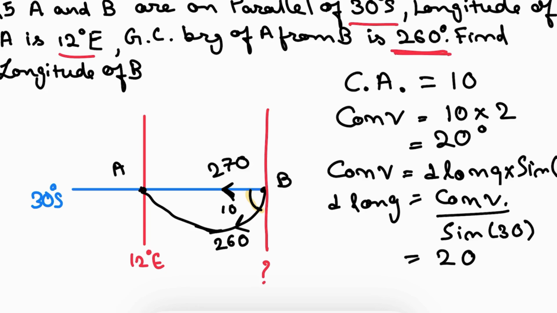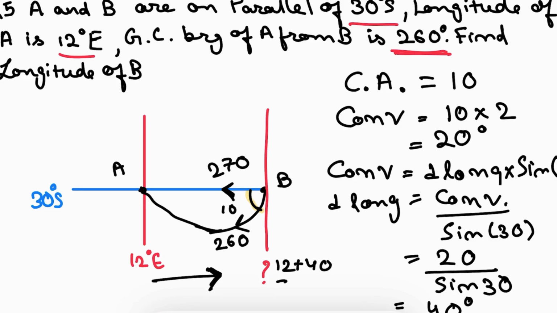So convergency is 20 and sine 30, so our d long is going to be 40 degrees. Now if we go from 12 degrees east by 40 degrees towards the east, we get 12 plus 40, which is 52 degrees east.